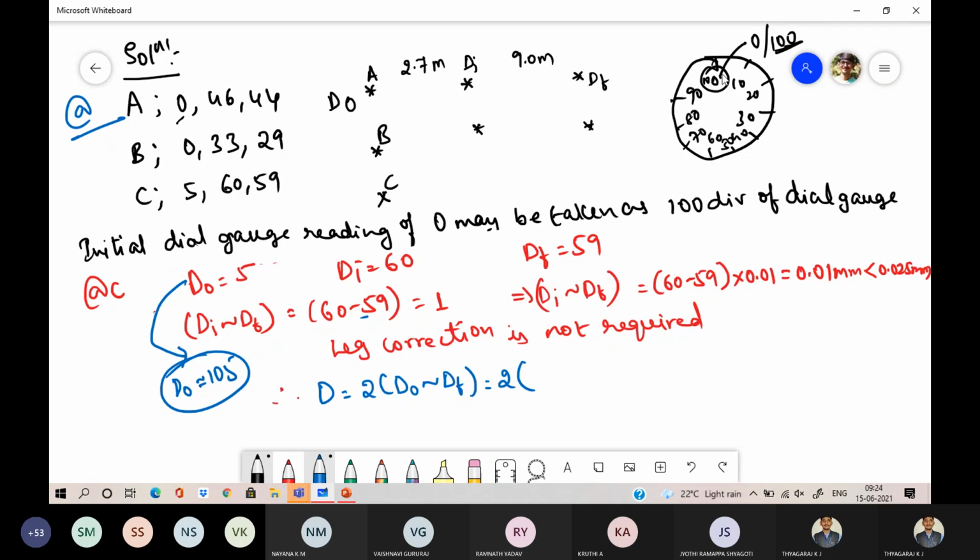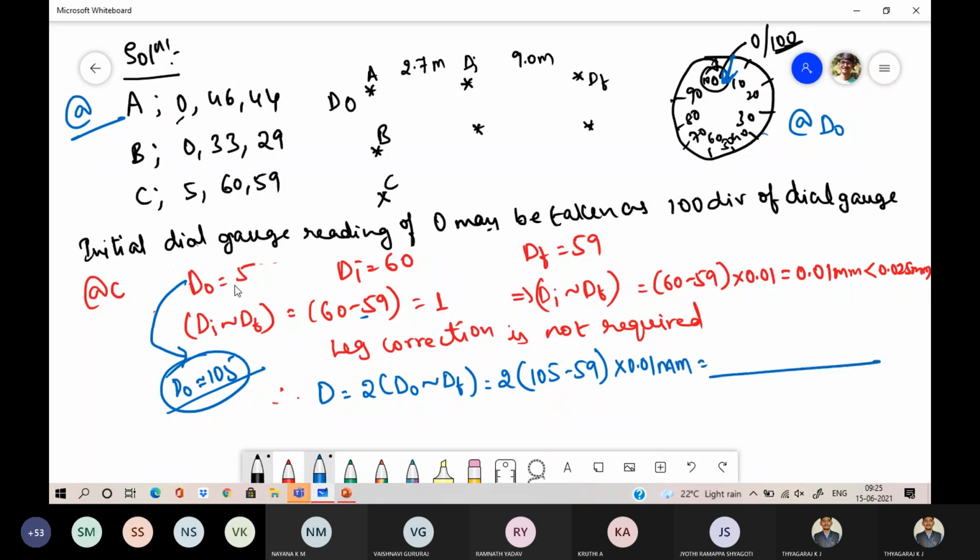So one rotation is already completed, and it came to 5. When at 0 at D naught, it has covered one rotation and moved to 105, that is the 5th division after 100. So we will take D naught equal to 105. So 105 minus 59 into 0.01. So calculate.